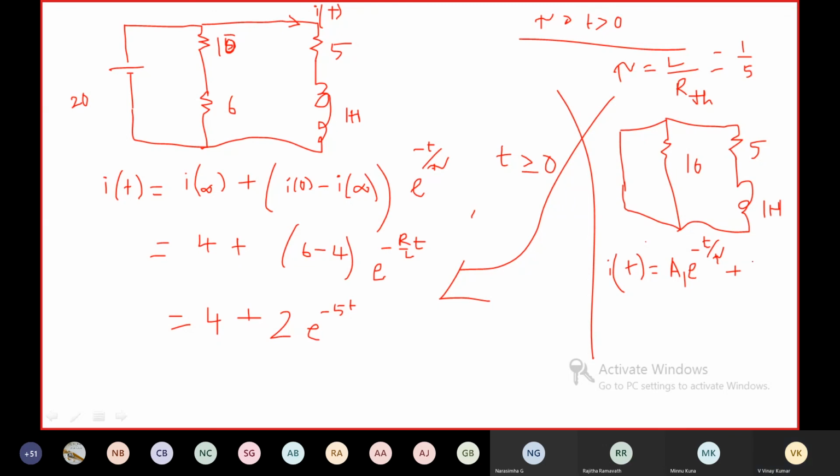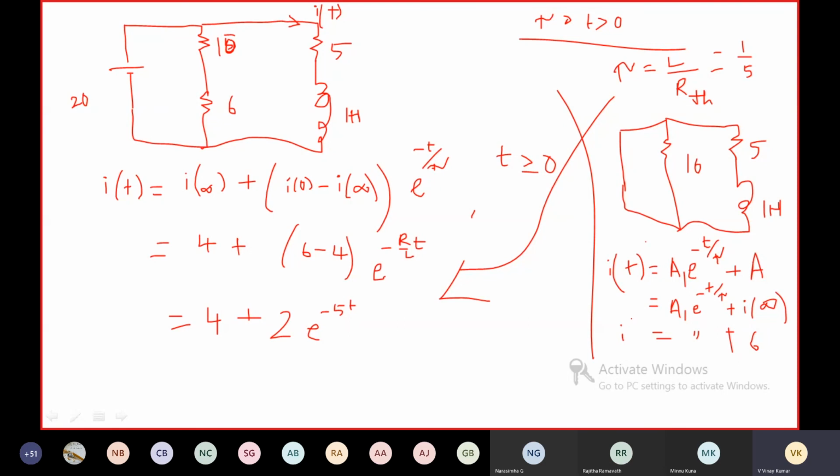So I of t is equal to a1 e power minus t by tau plus I of infinity. You put the value of I of infinity.